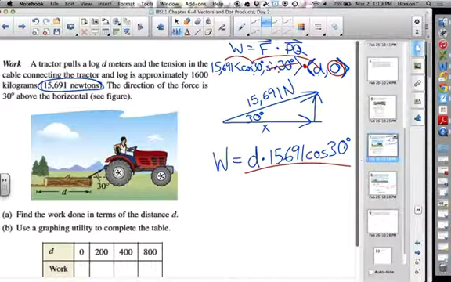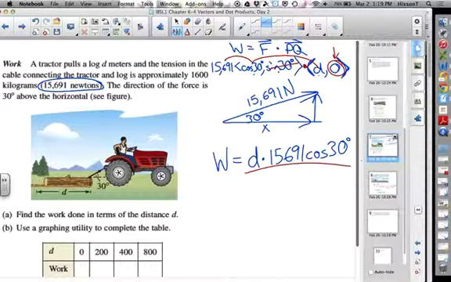So at this point, you're just plugging in different values of d. Everything we've looked at so far has us pulling it along the ground. The fact of the matter is, though, we could pull it and actually have it end up off the ground, in which case this would not equal 0.